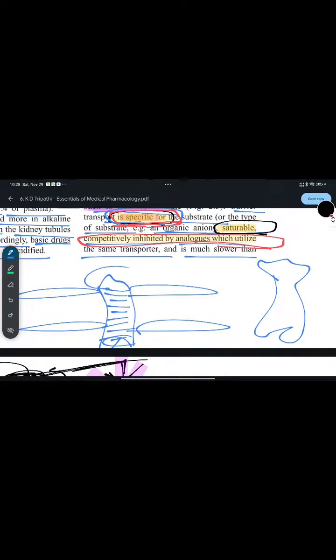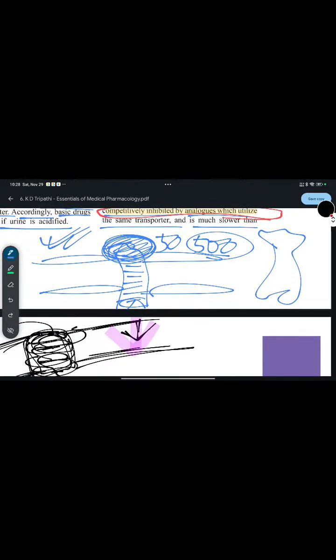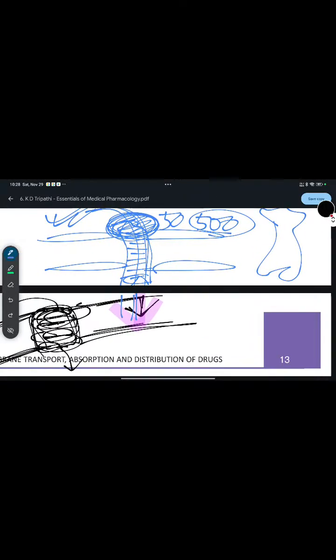It will fit on the front side or open side of the channel, and it will block the channel. Now if there are 50 units or 500 units of drug, and the channel is specific to ionic drugs, and out of 500 only 100 are ionic and 400 are non-ionic drugs present outside the cell membrane, still there is no chance of a single unit of drug being transported across the membrane.